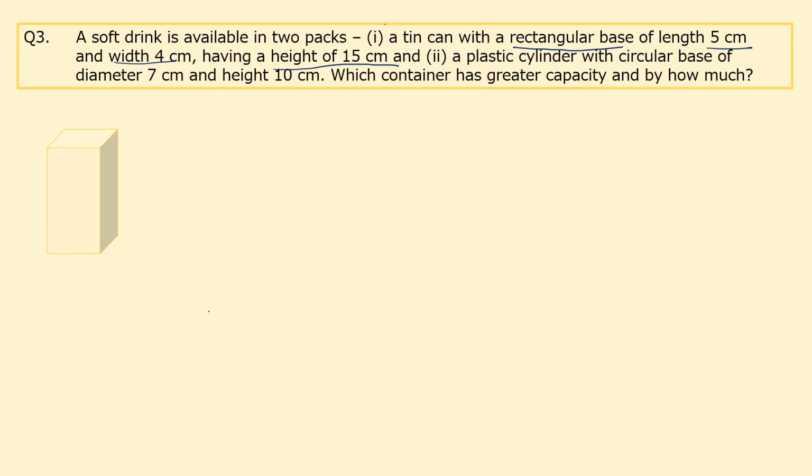So let's visualize. See, this is a cuboid. You can see the length is 5 centimeter and its width is 4 centimeter. This is 4 centimeter and its height is 15 centimeter. This is the rectangular base can.